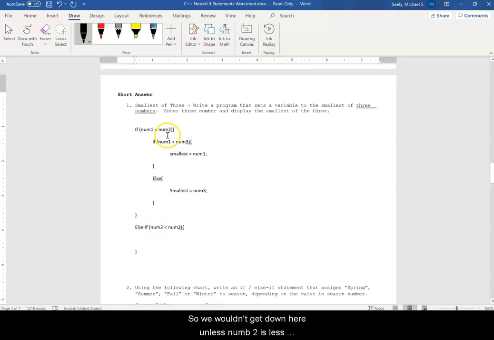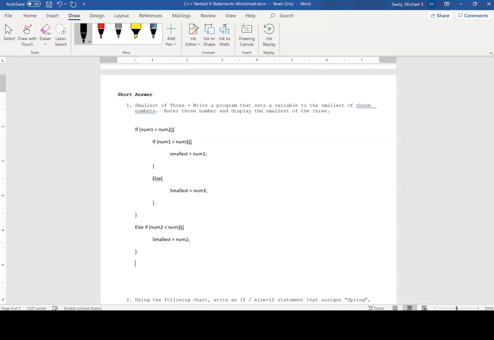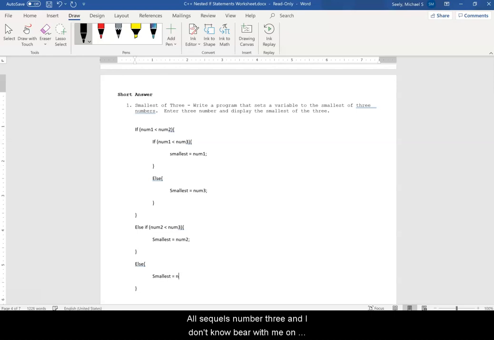So we wouldn't get down here unless num2 is less than num1. So if it is, we're checking to see if num2 is less than num3. If it is, the smallest equals num2. Else, smallest equals num3.